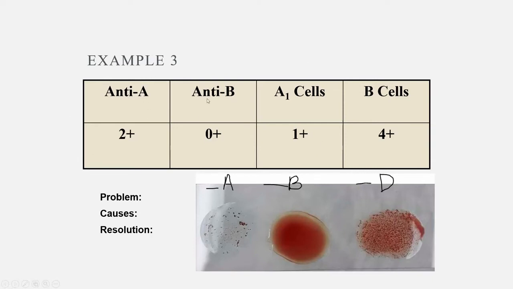When we have a weaker reaction with anti-A, we're thinking it's probably a subgroup of A. Subgroups of A can make antibodies to A1. Some subgroups make anti-A1, some do not. 20% of A people are A2. Not all A2s make anti-A1, but some do.